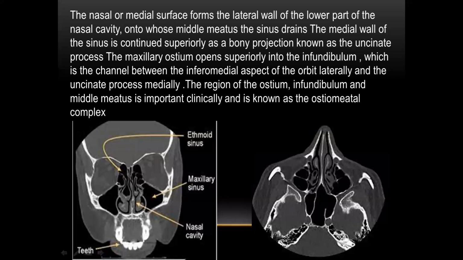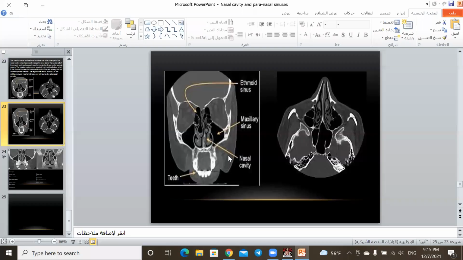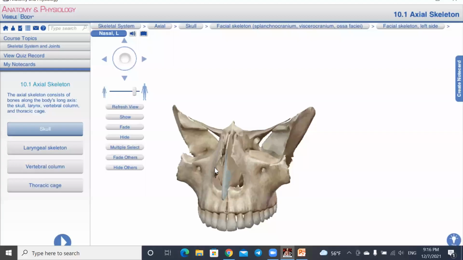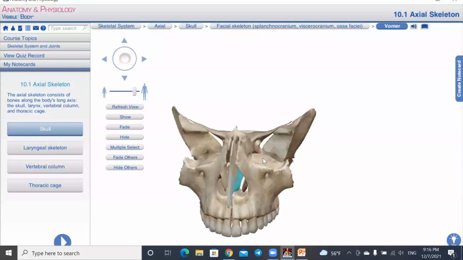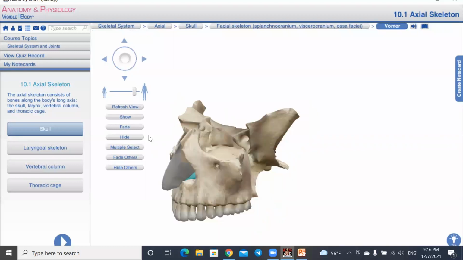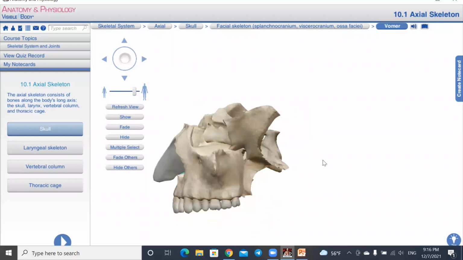This is the nasal bone, we will remove the nasal bone. Ethmoidal bone, and this is the vomer bone. Clear?